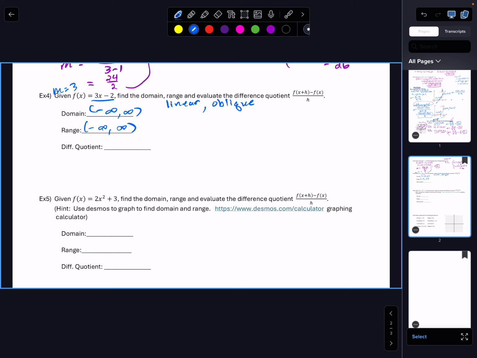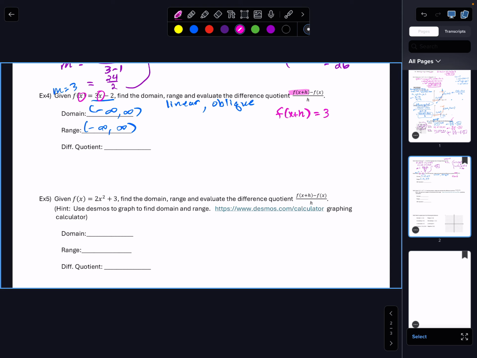Now for the difference quotient, I'm going to need f of x plus h to put in the top. So I need f of x plus h. So in here for the function f of x, I need x plus h.